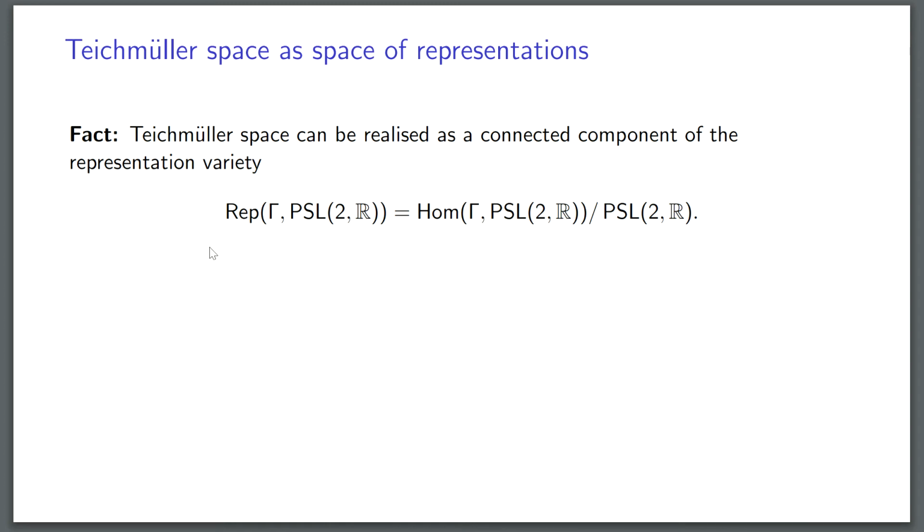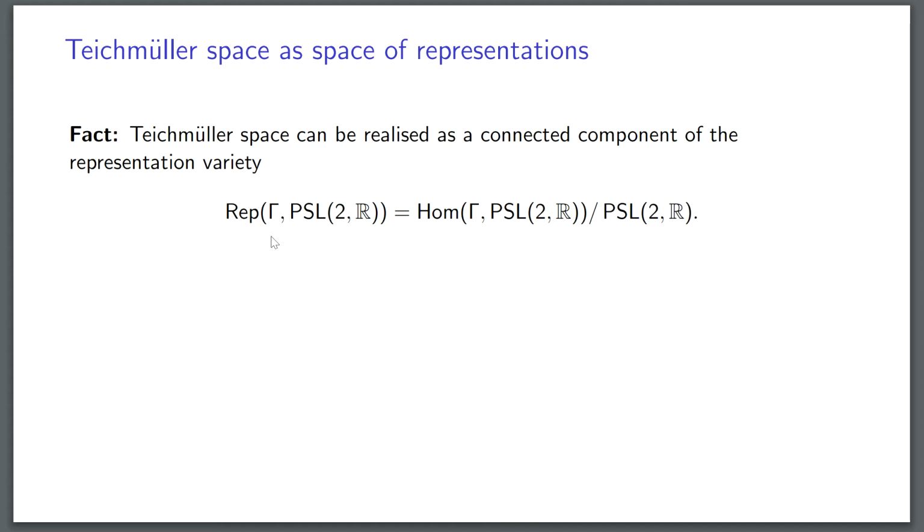We consider the representation variety of gamma into PSL2R, which is the set of all representations of gamma into PSL2R considered up to conjugation by elements in PSL2R. This is a topological space, and one of the connected components turns out to be in a one-to-one correspondence with Teichmüller space.